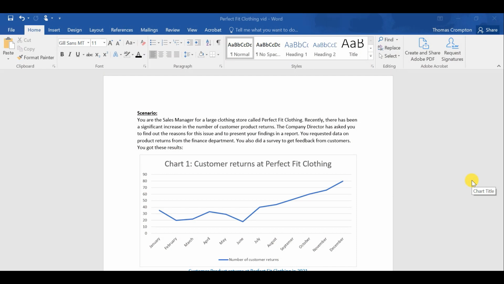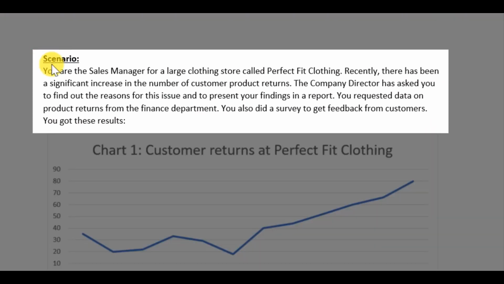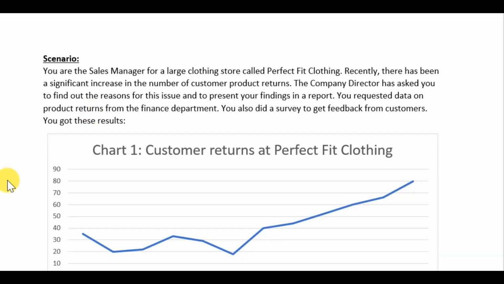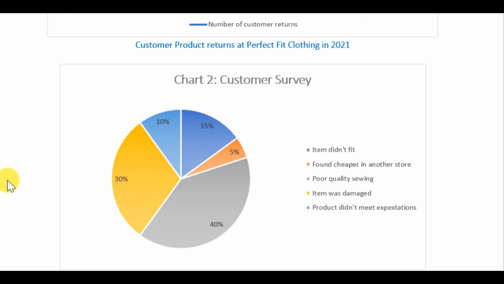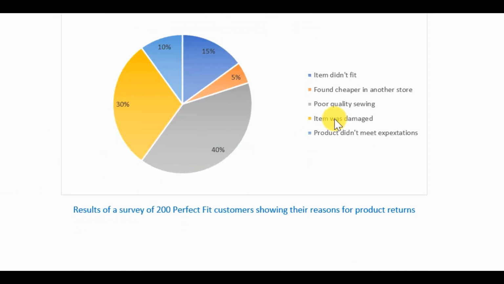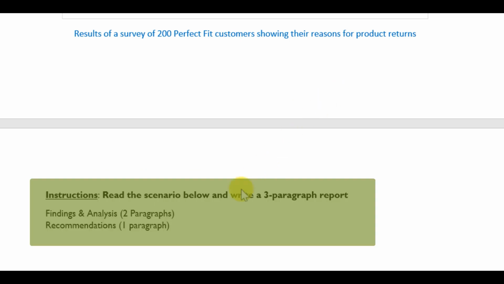Right then, findings and analysis. We've got our scenario and we've read that carefully. We've also got our 2 visuals and we've looked at those carefully as well. The instructions ask us to read the scenario carefully and write a 3-paragraph report.